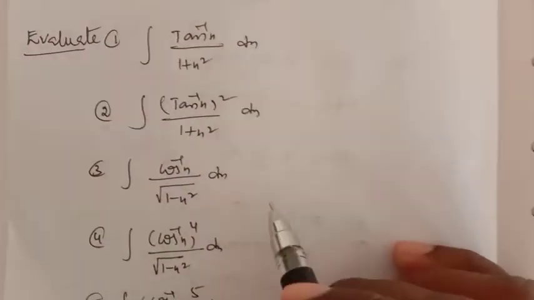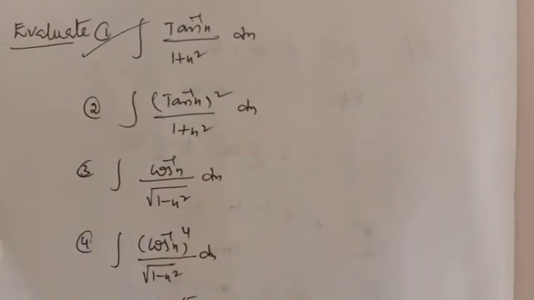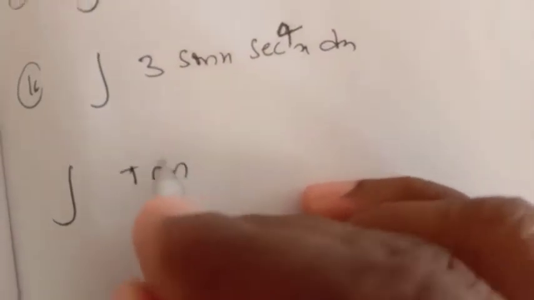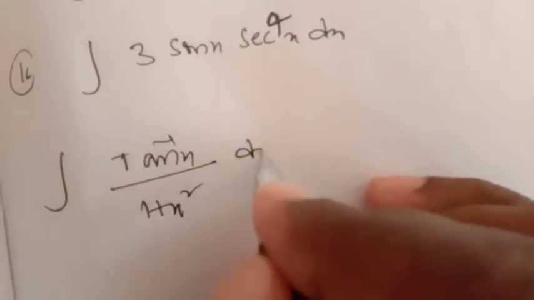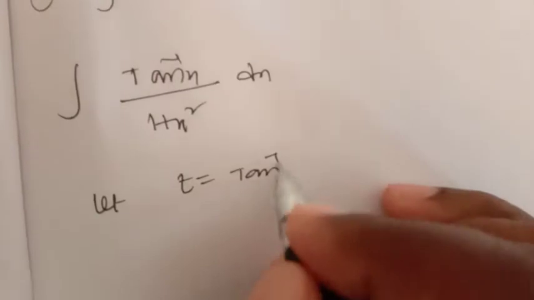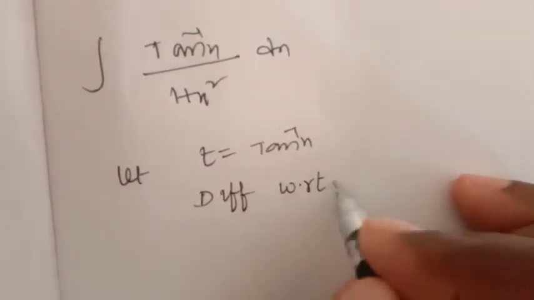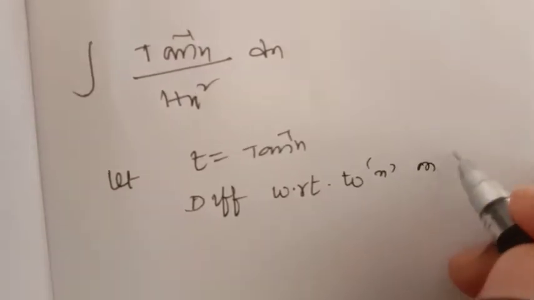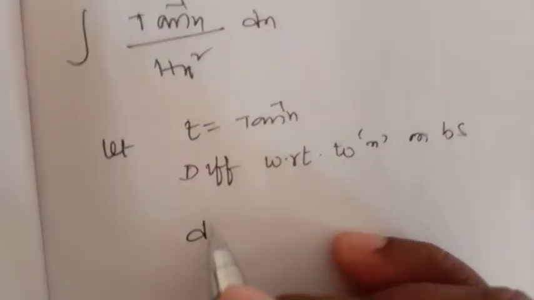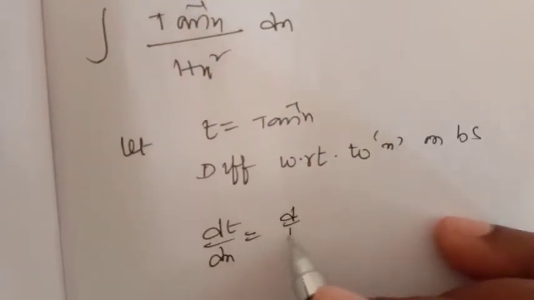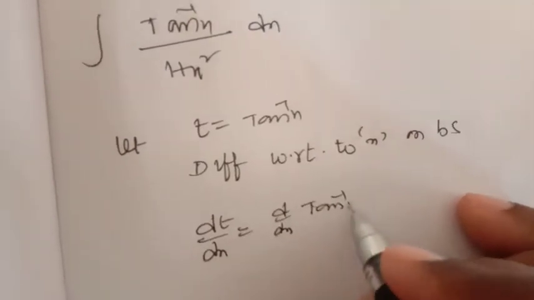Let us solve one problem. It is integral tan inverse x by 1 plus x square into dx. Let t equal to tan inverse x, then differentiating with respect to x on both sides, dt by dx equal to d by dx of tan inverse x.